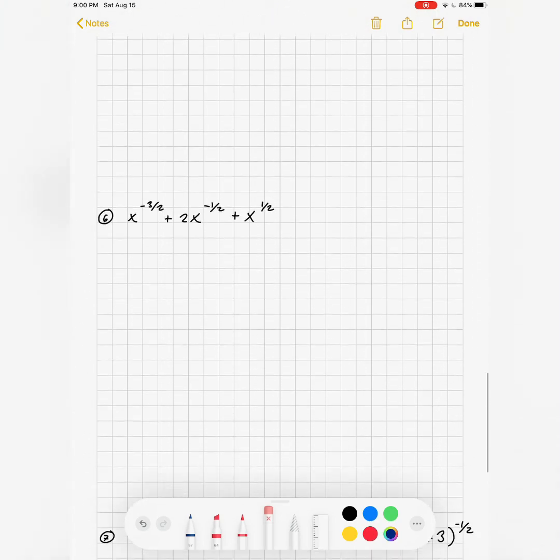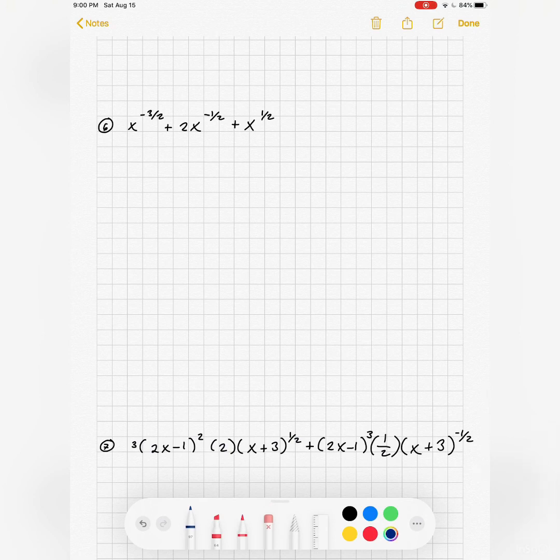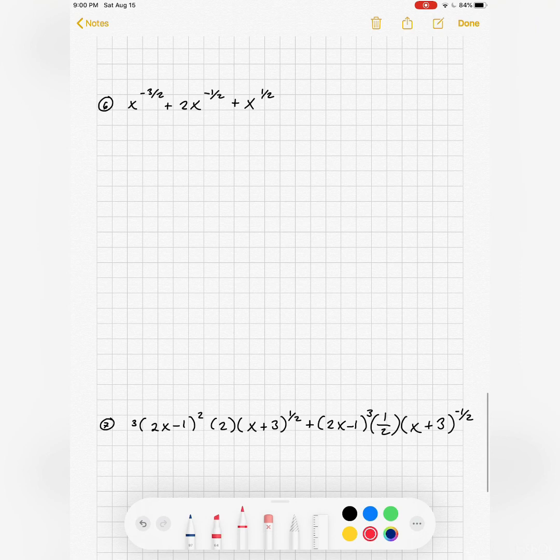Okay, so let's see, I think these are the last couple. With these, really what I'm interested in doing first is I'm saying, what the heck do I start out with here? If I'm trying to factor, I'm going to pull out the greatest common factor.